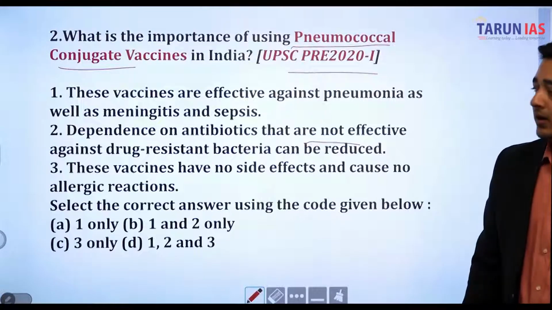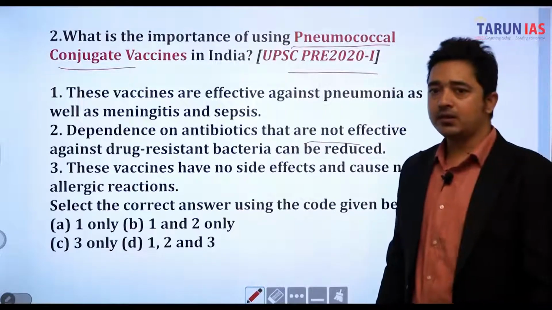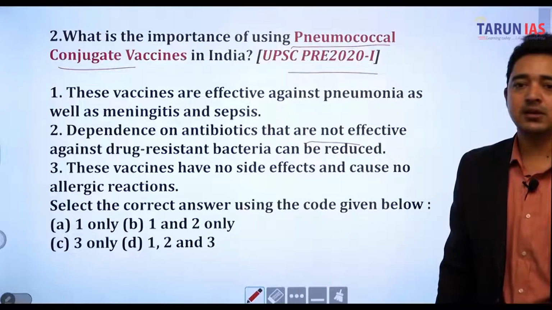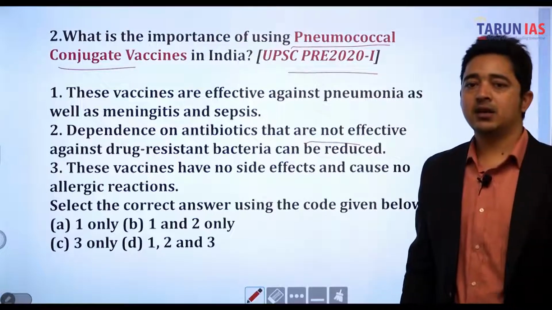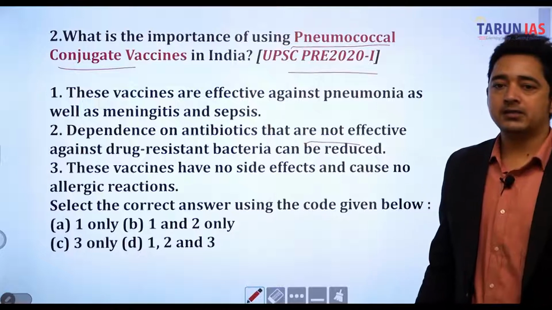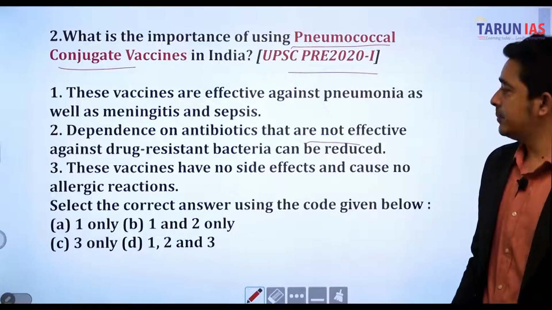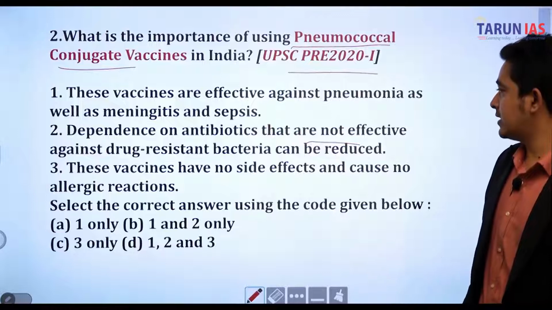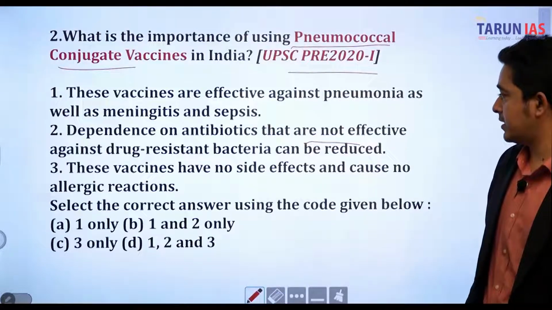So statement 1 is, these vaccines are effective against pneumonia as well as meningitis and sepsis. Second, dependence on antibiotics that are not effective against drug resistant bacteria can be reduced.